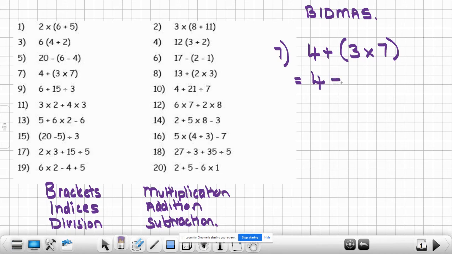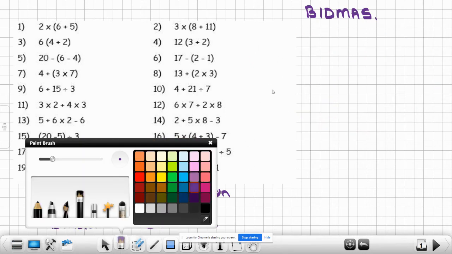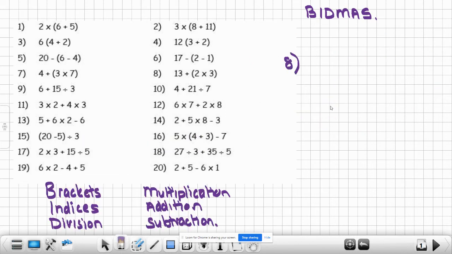So we get 4 plus 21 equals 25. I'm just going to go up to question 10. I'm not going to go through every single one of these, but I might pick out a couple that look more challenging.